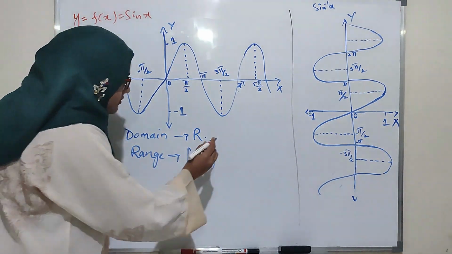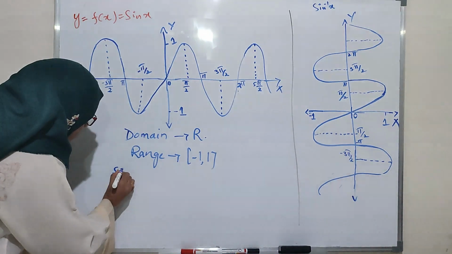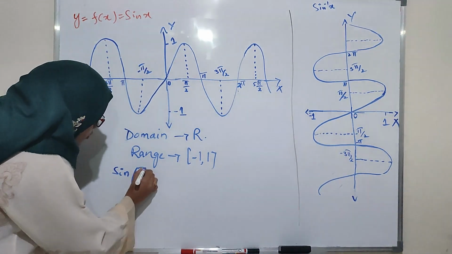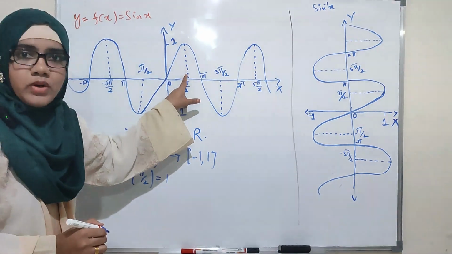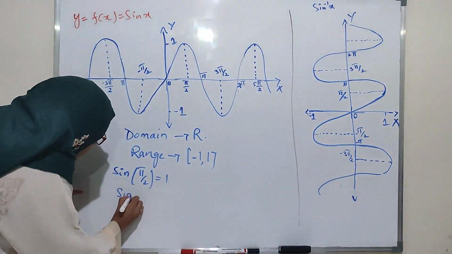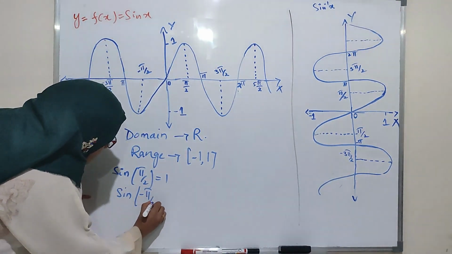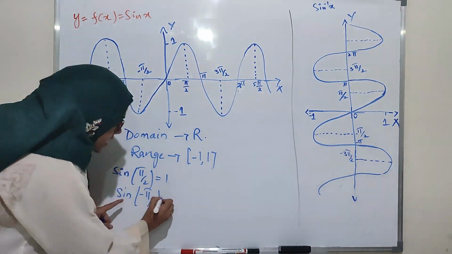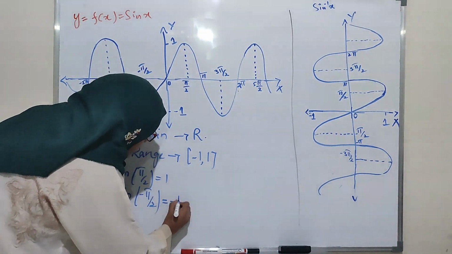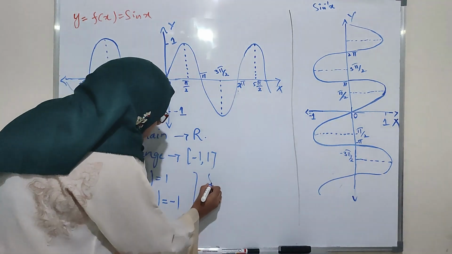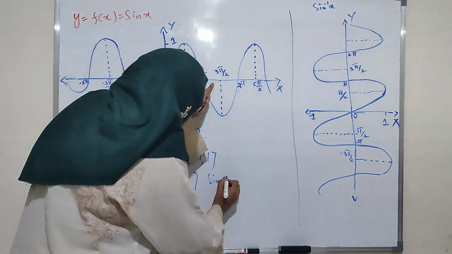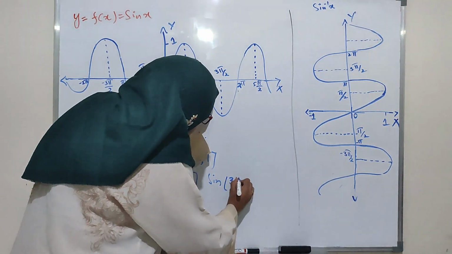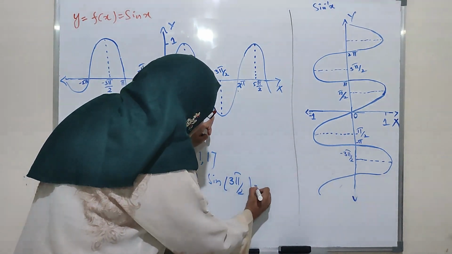So if we are taking sine of pi by 2, we will get +1 value here. If you are taking sine minus pi by 2, then sine minus pi by 2 is minus sine pi by 2, that means -1. Or if you are taking sine 3 pi by 2, sine 3 pi by 2 is -1.